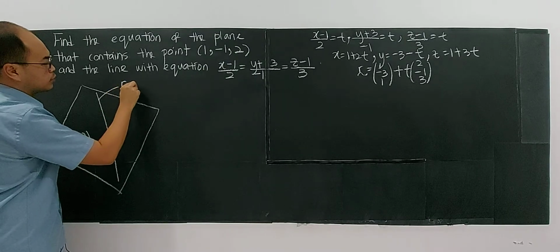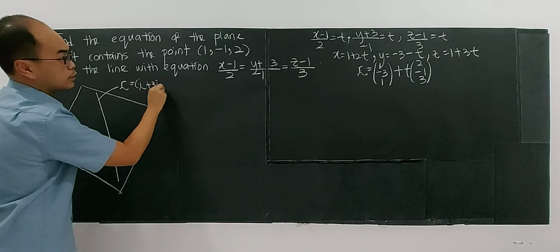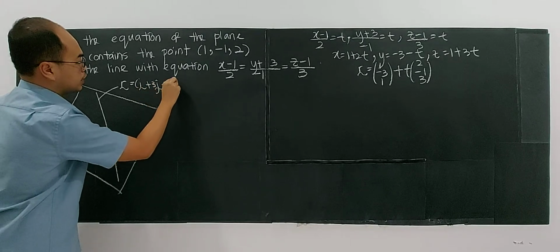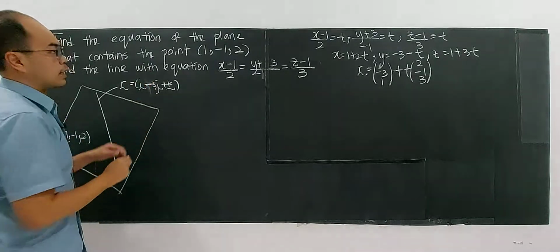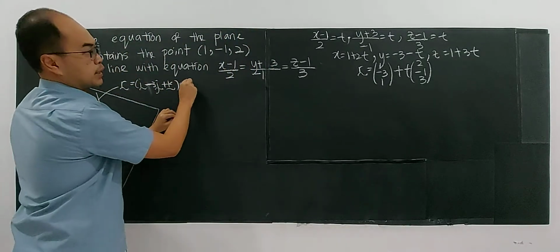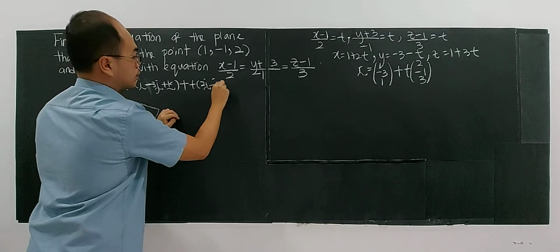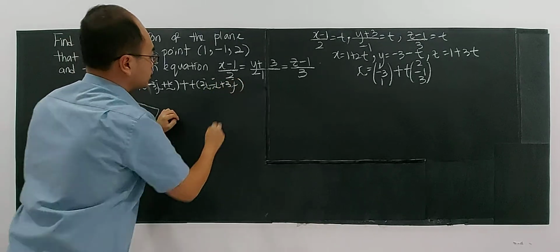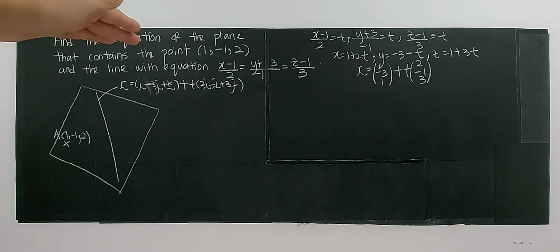This line is r = i - 3j + k plus t(2i - j + 3k), that is 2, -1, 3 and 1, -3, 1. All right, so now we have the information which is given by the question.